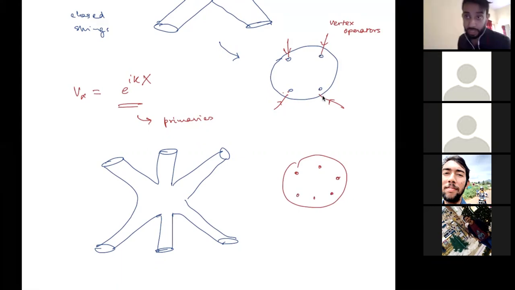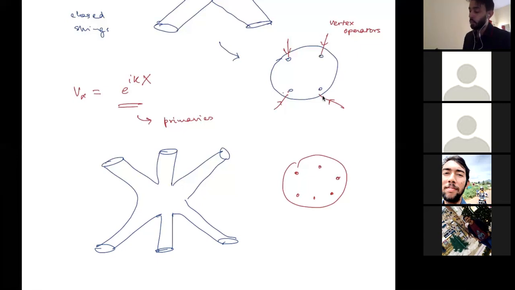For n-point amplitudes, on a sphere you have to insert n such vertex operators. Why these are vertex operators is something we can speak about later.